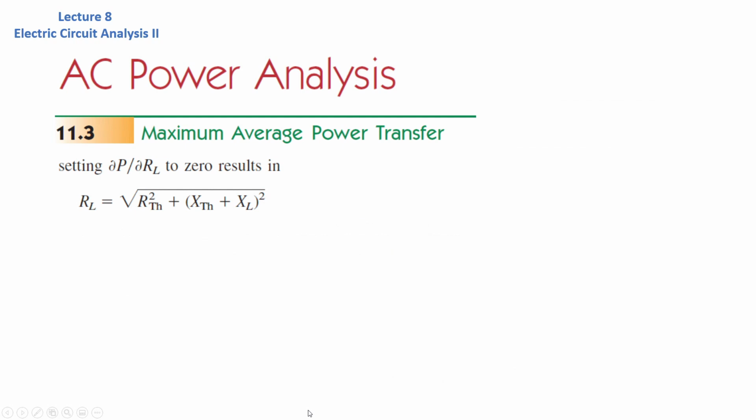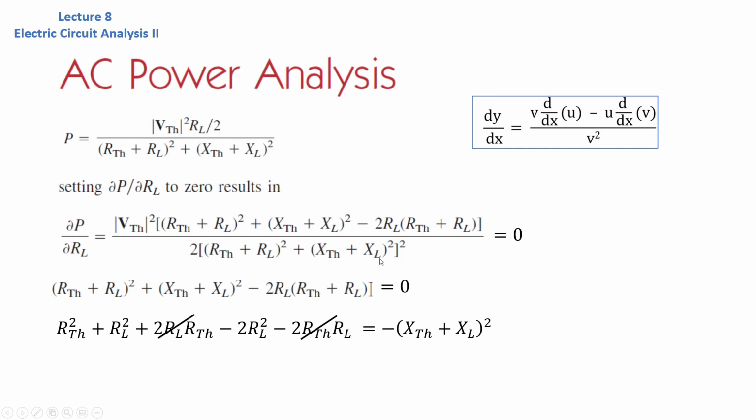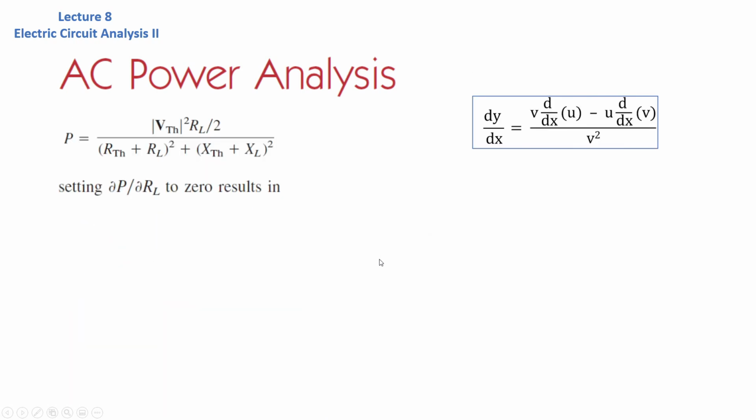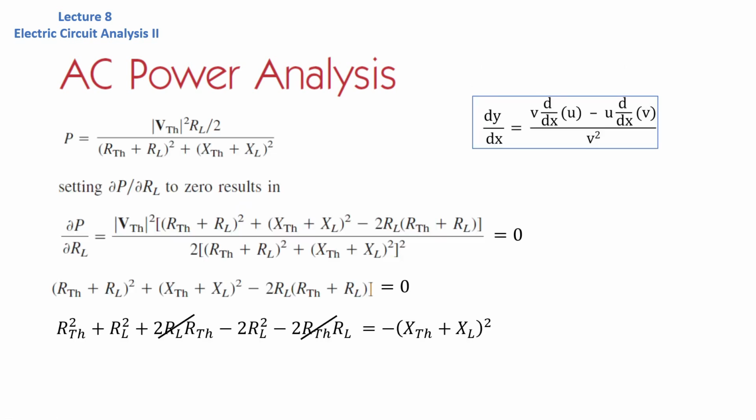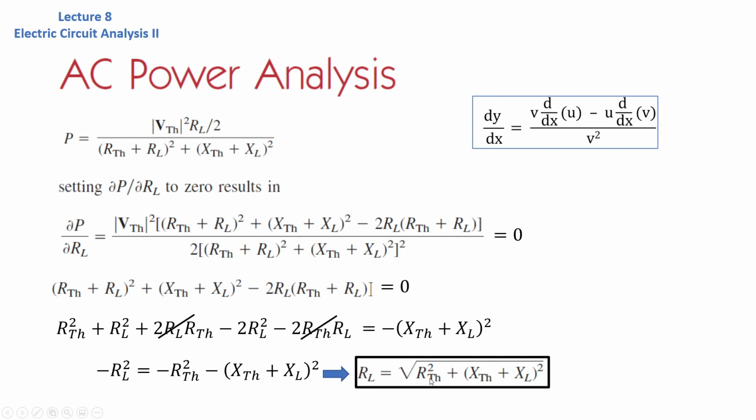But we already know that XL must be equal to minus X Thevenin for maximum average power transfer. We have already found this condition in this part of the lecture. So let us put this condition in the condition for RL, because this RL is dependent on XL.